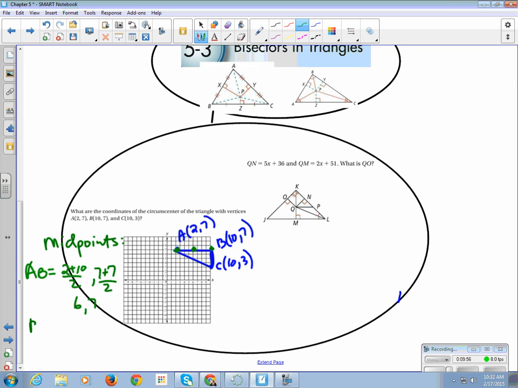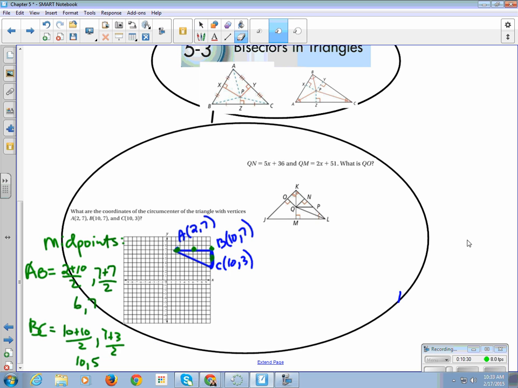So between B and C, the midpoint is our x's added together, our y's added together, divided by 2. So right here is our midpoint at 10, 5.